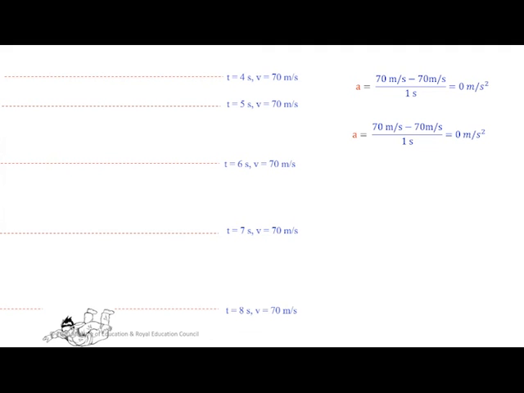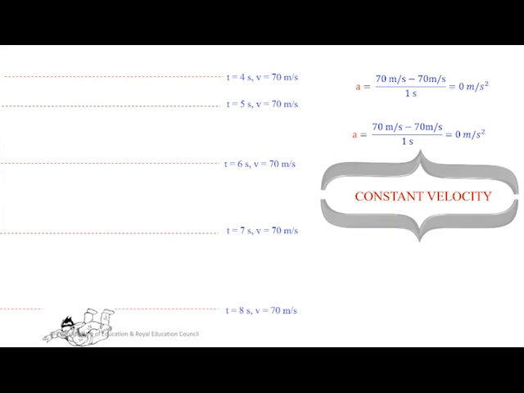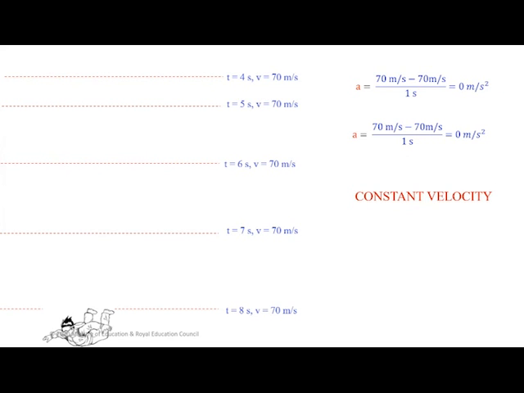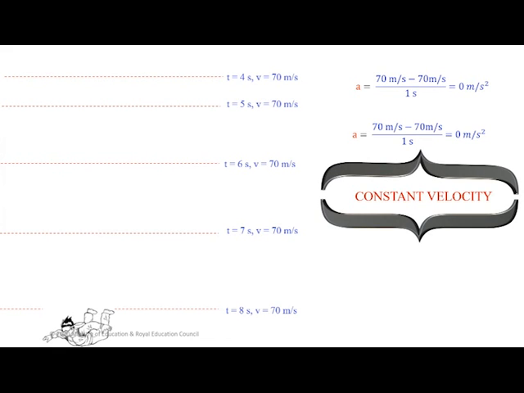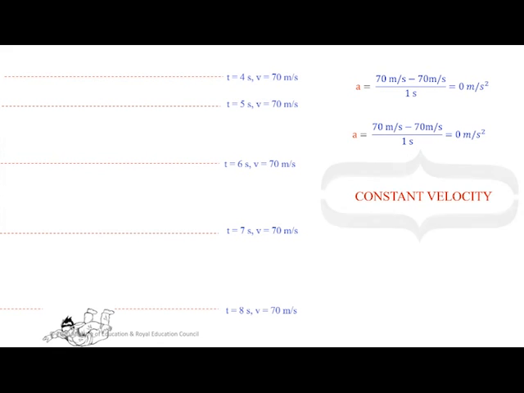All right, so what this means is that after a certain height, the body falls down with constant velocity. Initially, the body was falling down with increasing velocity, but after a certain level, the body falls down with constant velocity, and that constant velocity in physics is called terminal velocity.